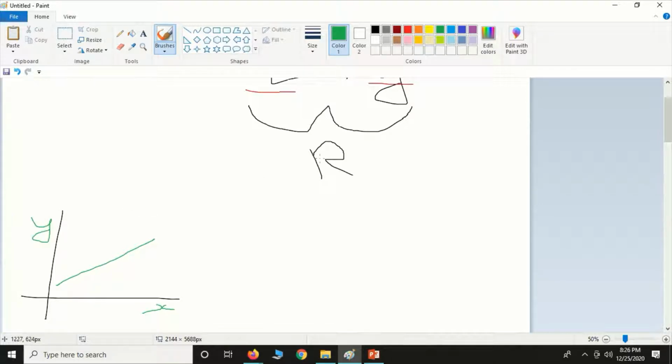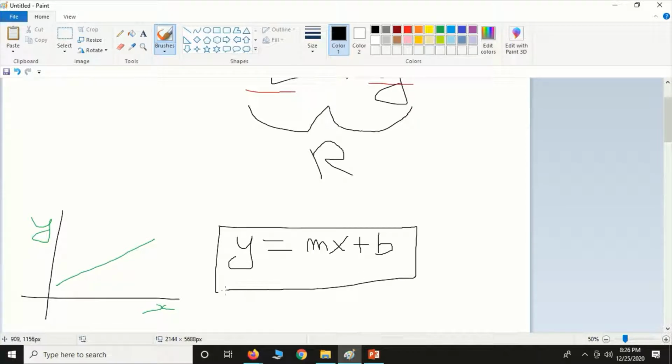The equation of a straight line will be y equals m x plus b. This is the equation of a straight line, or the linear equation.